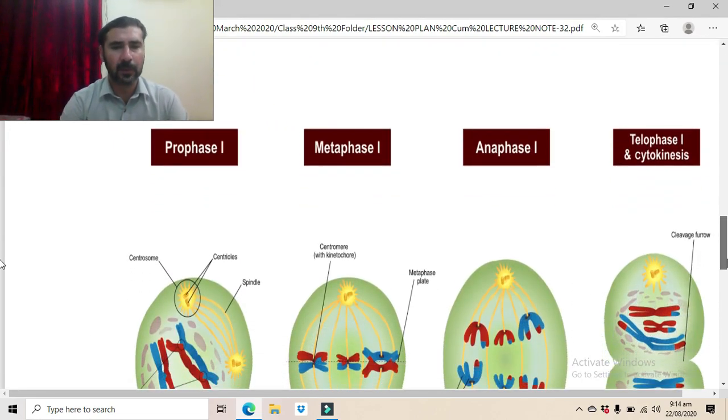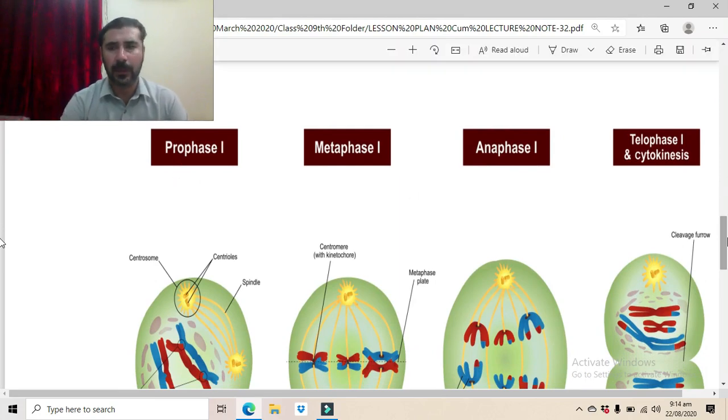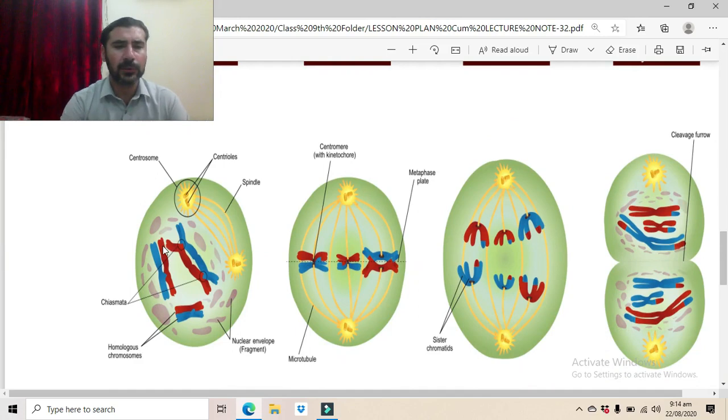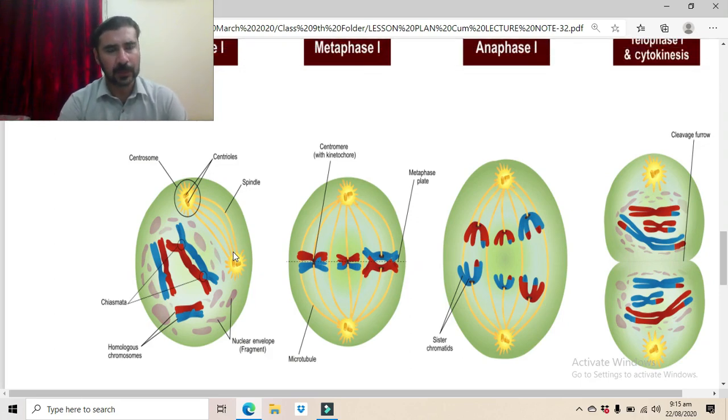This is prophase 1. Here it is shown that these two are homologous chromosomes, the blue and the red one. They line up with each other and form this pair. Similarly, this is another pair, this is another pair, so there will be several pairs.